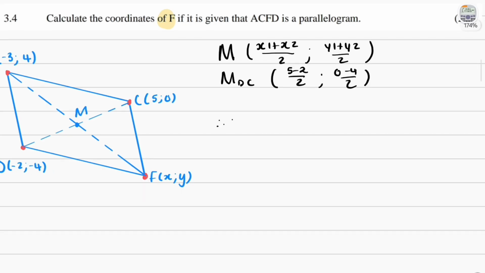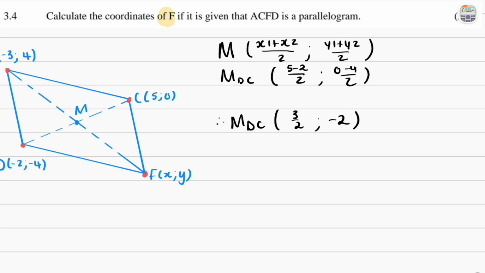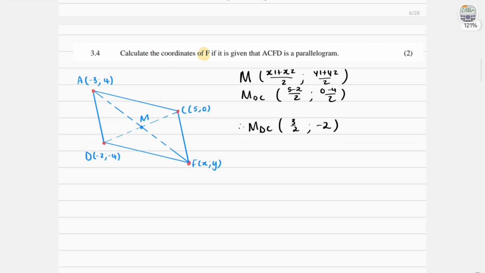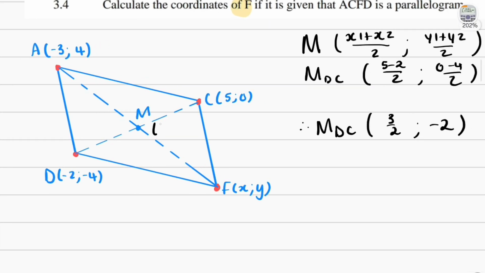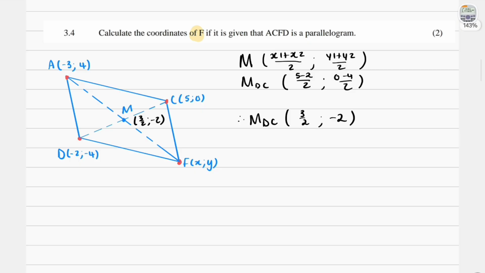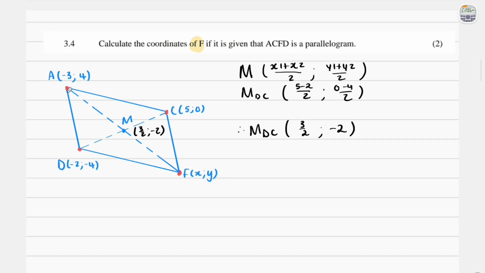So this simplifies to the midpoint of DC is simply equal to 3 over 2 and -2. Okay, so this is what we have as our midpoint. And we're going to use this point, 3 over 2 and -2, to find F. So we know that the midpoint of DC and the midpoint of AF would be exactly the same, since this is a parallelogram.